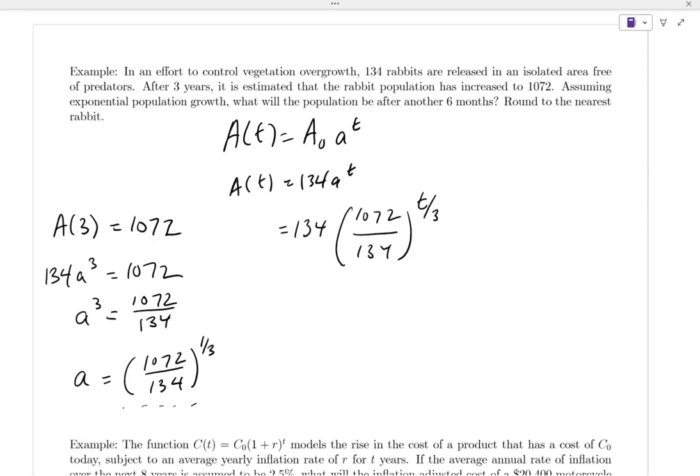Okay, so notice it says another 6 months, right? So there's going to be a 0.5 involved in there. It'd be 3.5. Good. It's another 6 months past the 3-year point. That's exactly right. So we want to plug in 3.5.